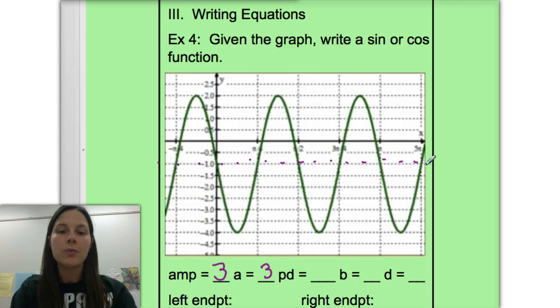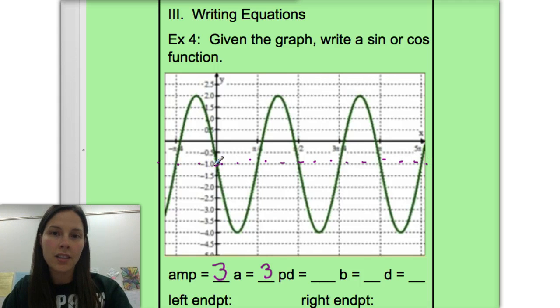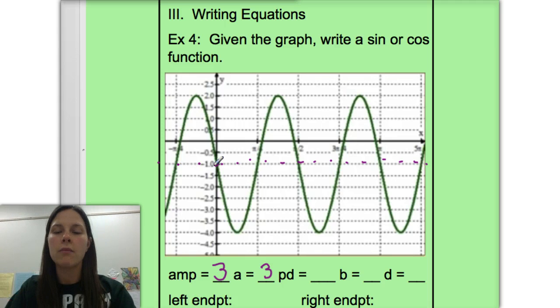And because this one starts on the y-axis, I'm first going to show you how to write a sine function for this one because it's a little bit easier. We don't have a phase shift if we have an intercept on the x-axis for our sine function. And then we'll take a look at how to write a cosine function, a little bit more complicated one. So I'm going to call this a sine function.